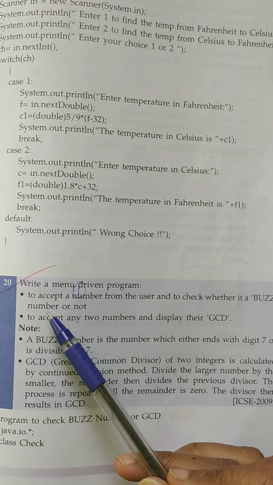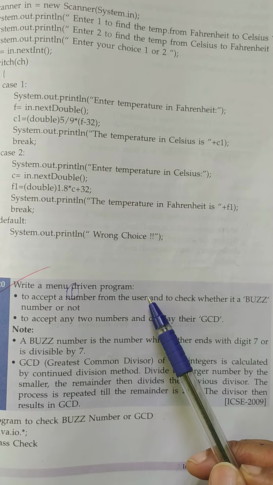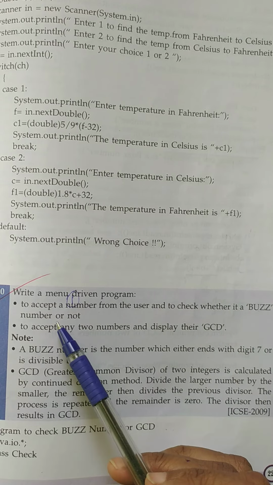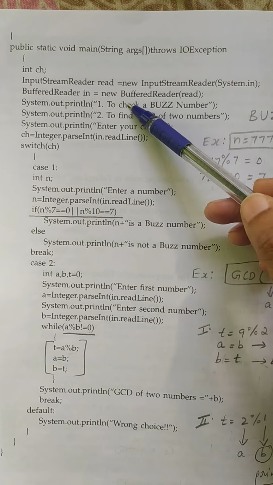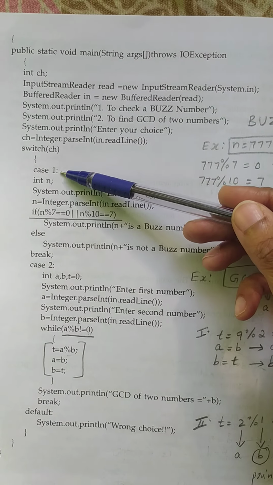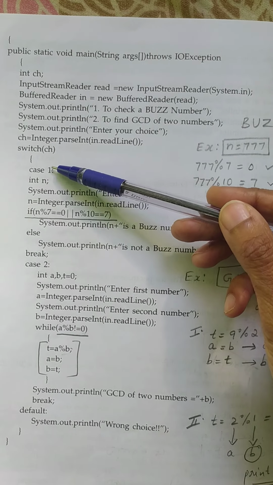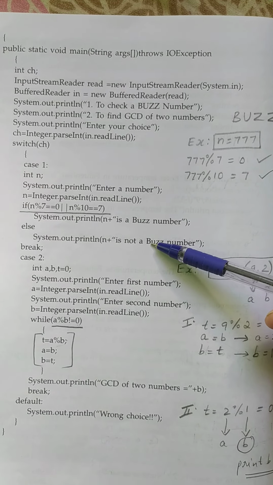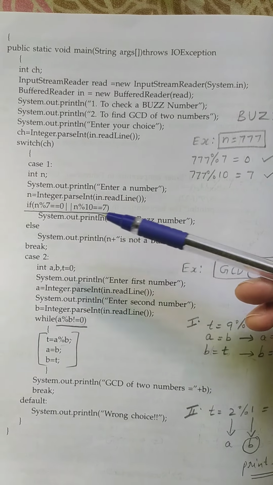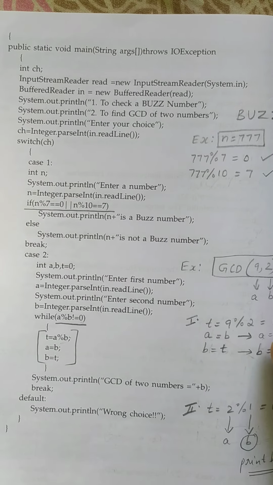Write a menu driven program to accept a number from the user and to check whether it is a bus number or not. So in the logic part of this program, inside the switch statement, case 1 I am taking to check whether it is a bus number or not. So I need an if condition statement.